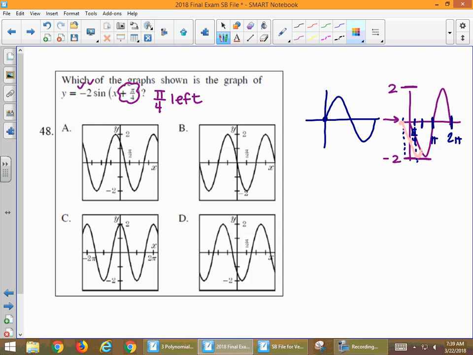So pick this guy up right here, move it pi over 4 to the left, and that is going to be, let's see, not A, not C, that's too far, not B, that doesn't look like it's moved at all. All right, D.